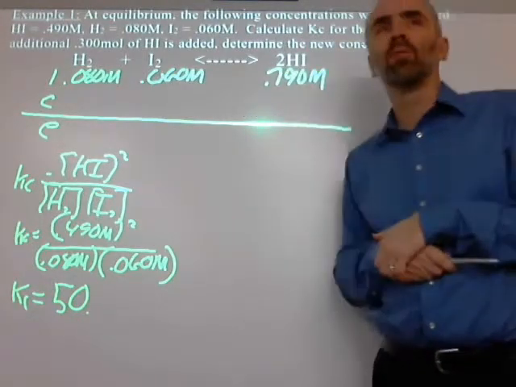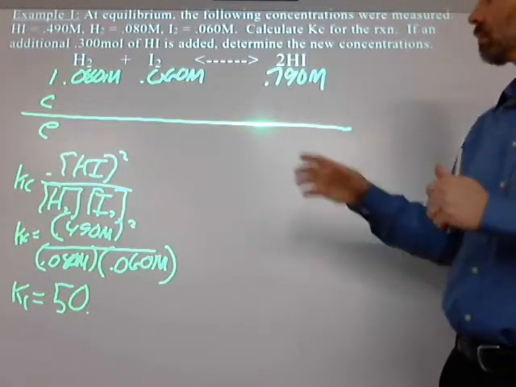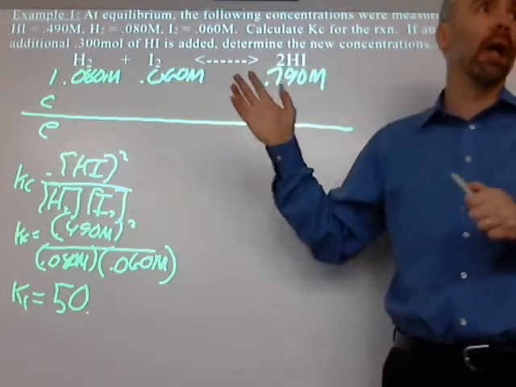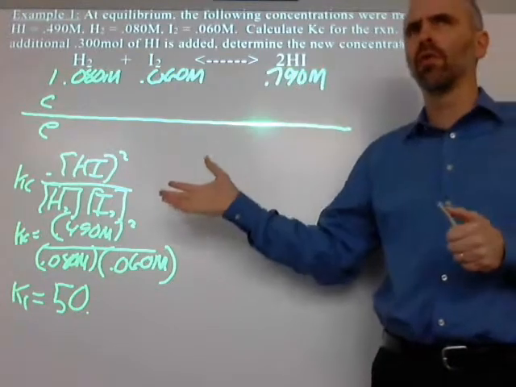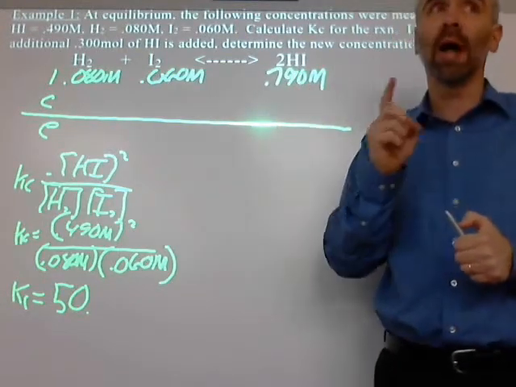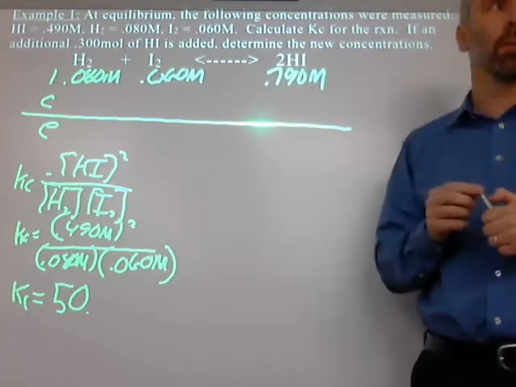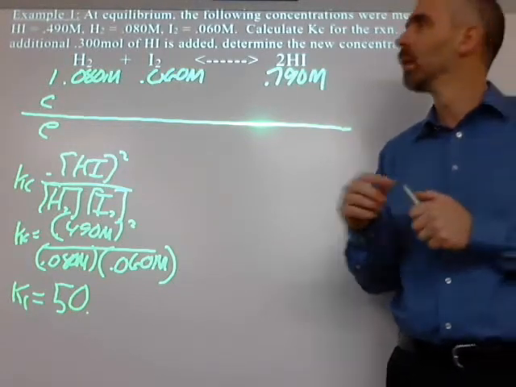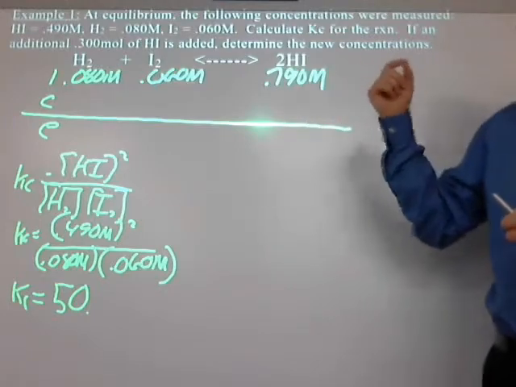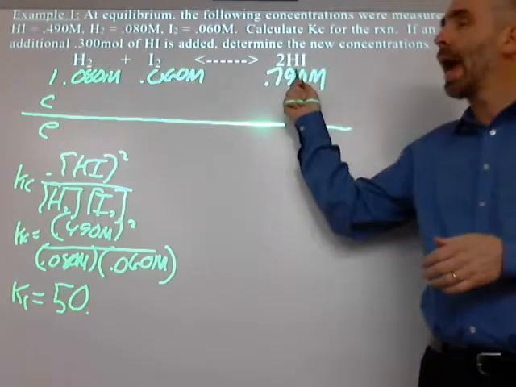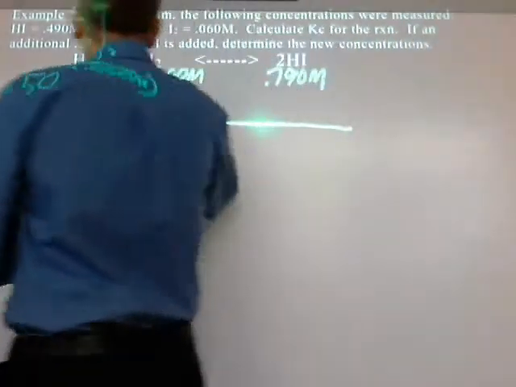Now, Le Chatelier's principle comes in right now. I could actually plug in for Q right now. If I plug those concentrations in for Q and solve for Q, and by the way, you'll have to do this on number 64, I think, or 65, one or the other, it would tell me the same thing that common sense tells me. I added HI.